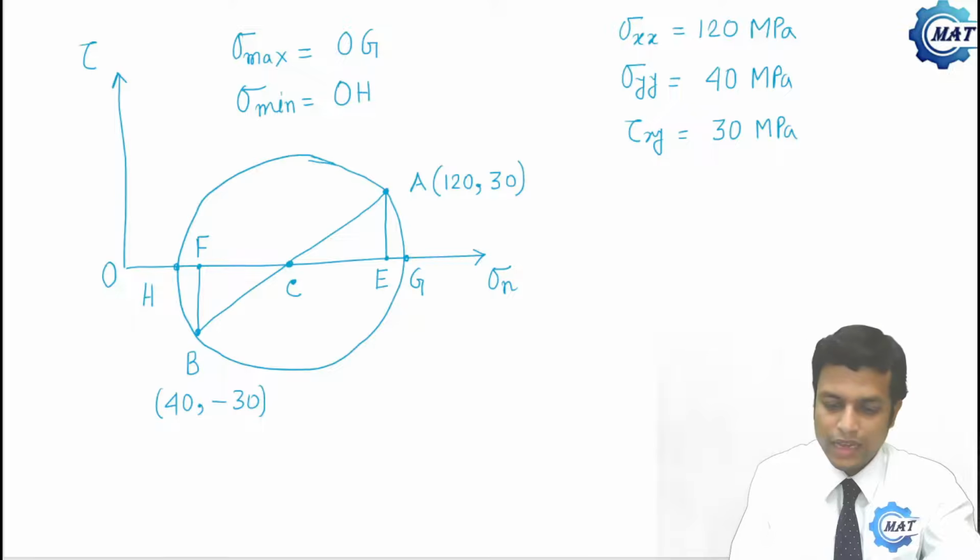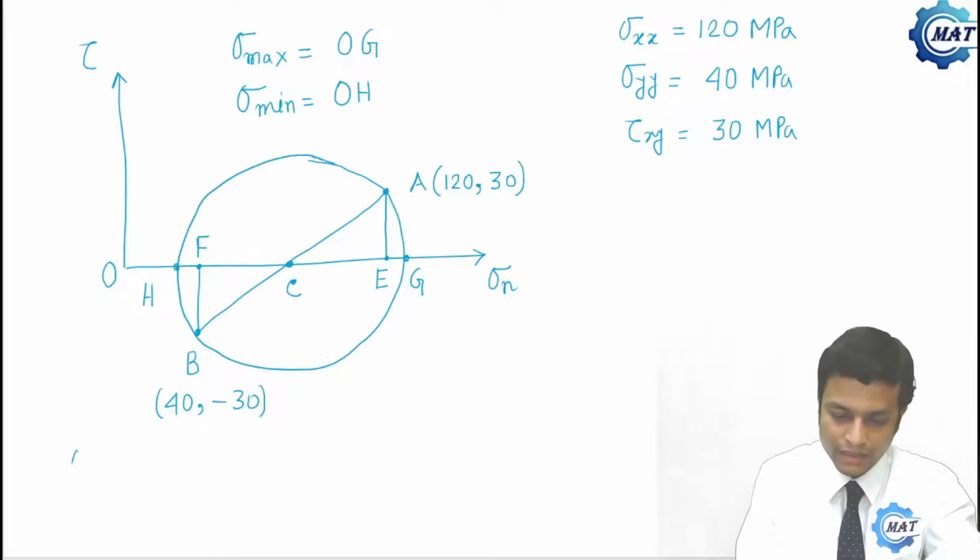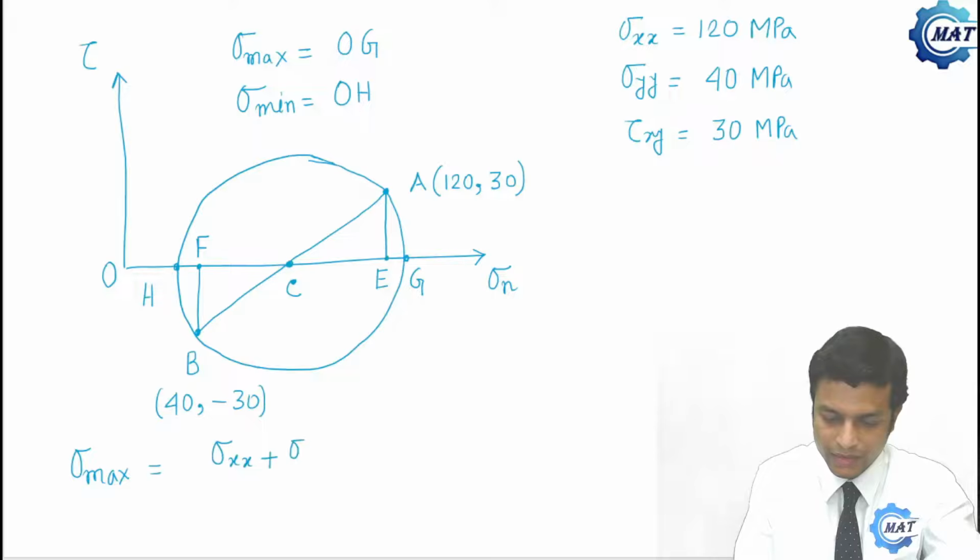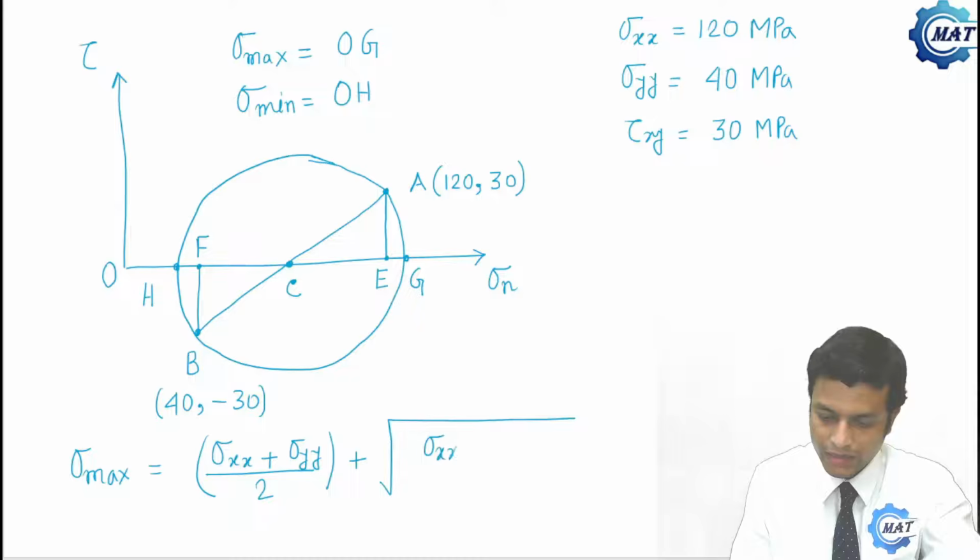And if we calculate from the geometry, we will get sigma max as sigma xx plus sigma yy by 2 plus root over sigma xx minus sigma yy by 2 whole square plus tau xy whole square.